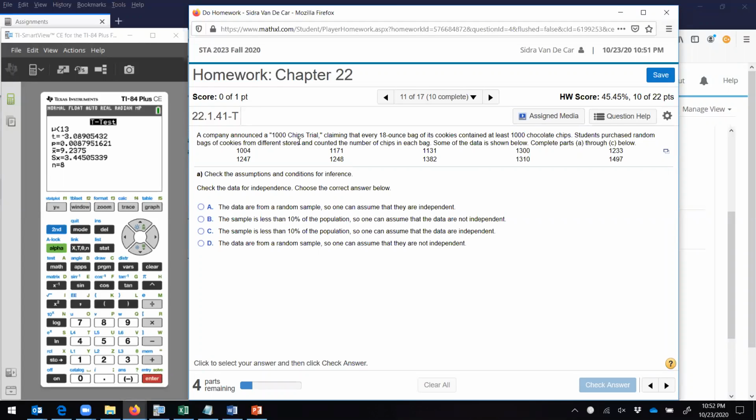A company announced a 1,000 chips trial, claiming that every 18-ounce bag of its cookies contained at least 1,000 chocolate chips. Students purchased random bags of cookies from different stores and counted the number of chips in each bag. Some of the data is shown below. Random.